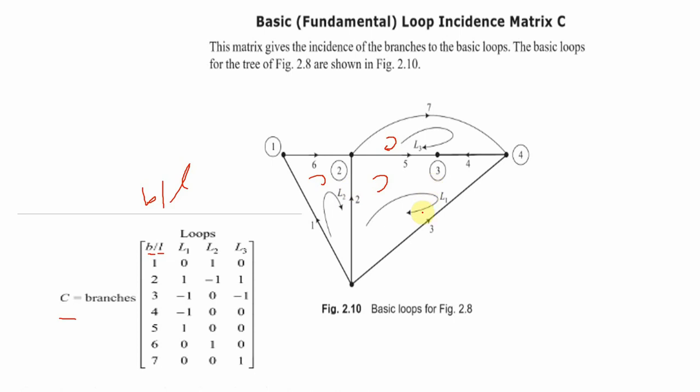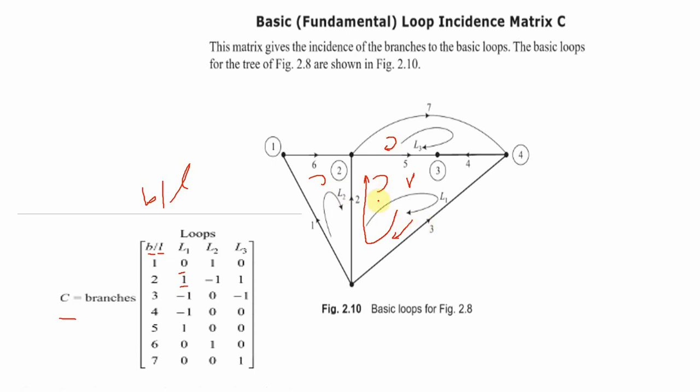Now, for the direction of the loop, if it is in the same direction as the branch then it is positive 1. If it is not in the direction of the branch then it is -1. For example, this is your loop number 1, right? Suppose it is started like this. Here branch 1 has no relation, so 0. Branch number 2, your loop is like this, so it is in the same direction, that's positive 1.